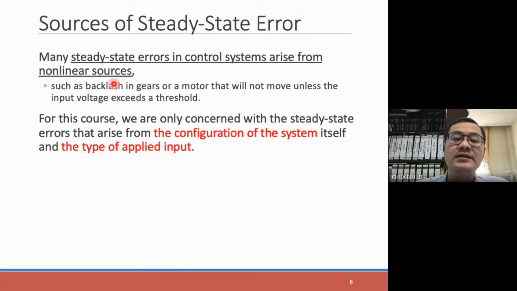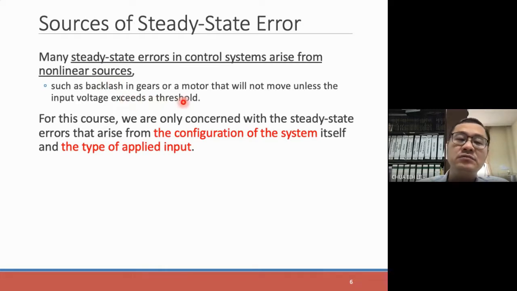So there occurs a kind of backlash where there is no response, maybe in 0.01 degree. That particular input will not give any output. We call that backlash in the gear.